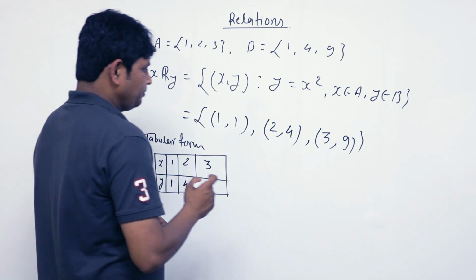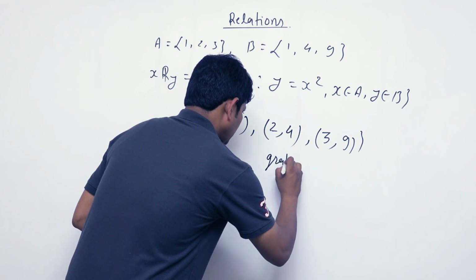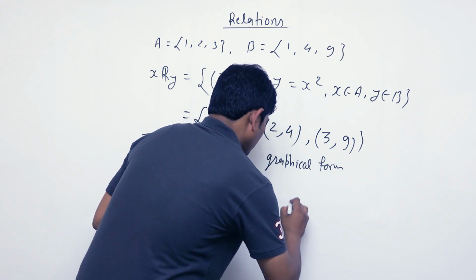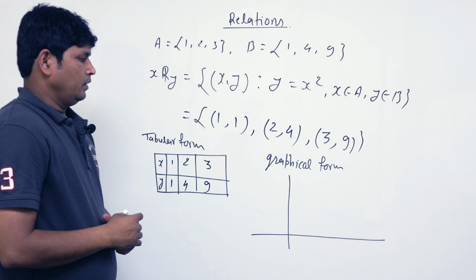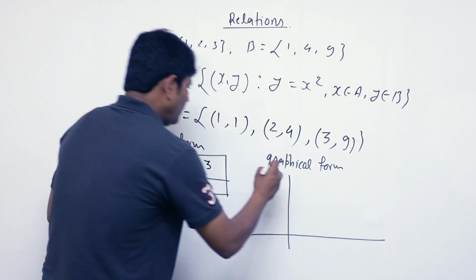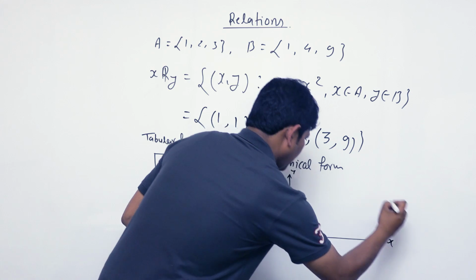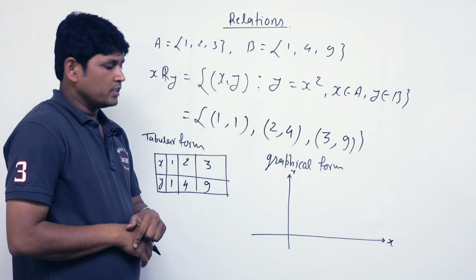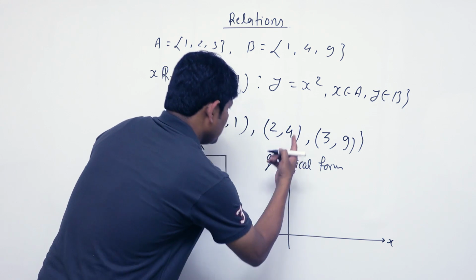Now graphical form. This is called y-axis. This is called x-axis. So we have to plot this point. There is 9.